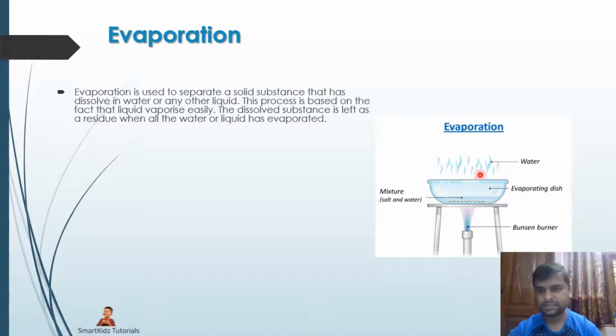Here you can see this diagram, where there's a mixture of salt and water in an evaporating dish, and since there's no external heat, I mean no sunlight, there's a Bunsen burner supplying heat from beneath. In that case, the water gets evaporated as the water boils, and that leaves behind the salt which was present within the salt water, or in that mixture.